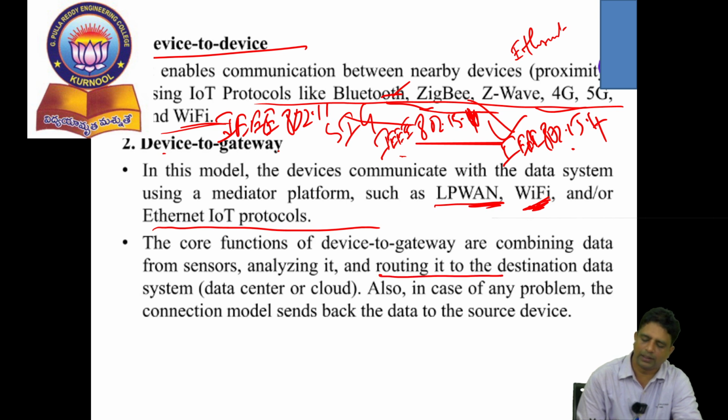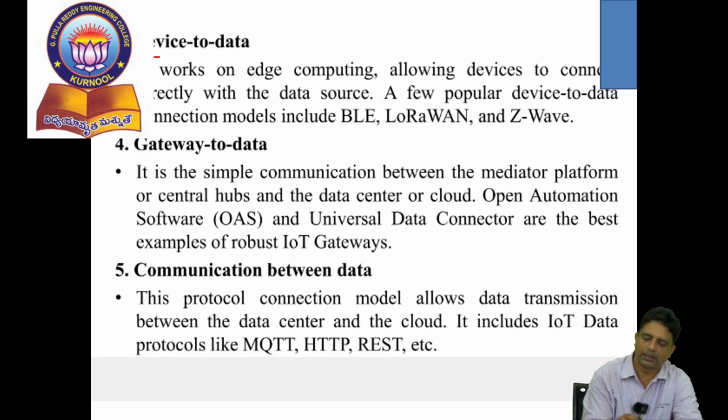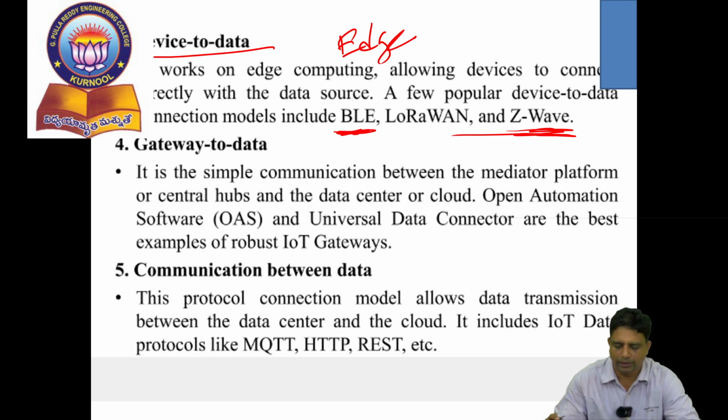Routing will happen here, analyzing the sensor information and routing it to the destination or data center. Now from device to data, our device can sometimes go with edge computing. Edge computing means nearby communications.